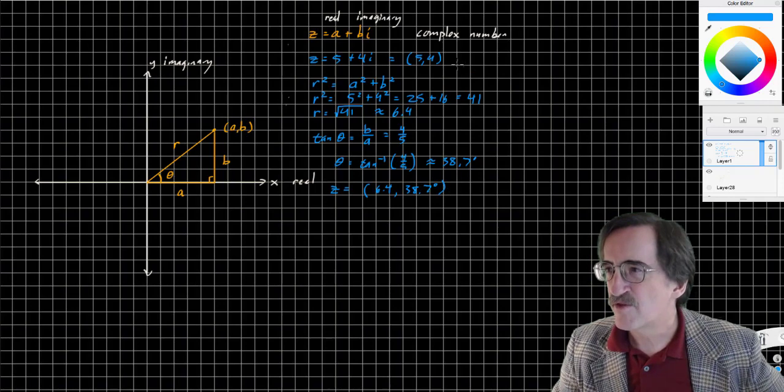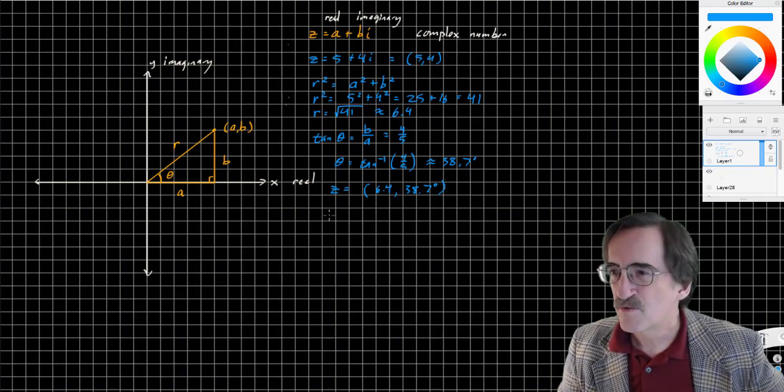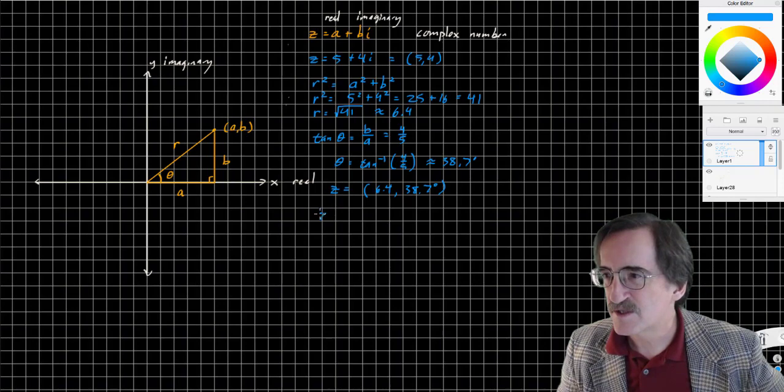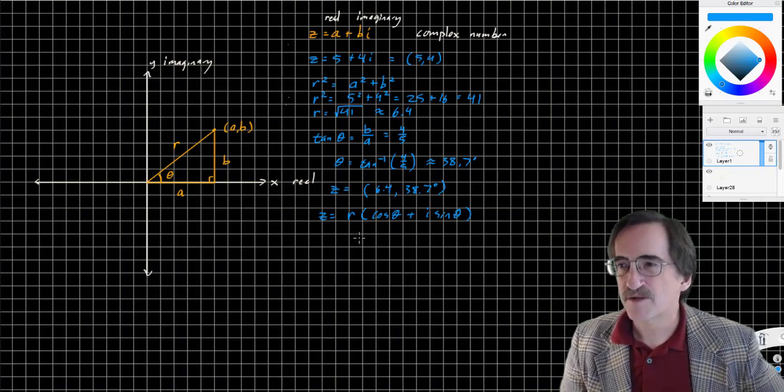The problem with that is there's no way to tell, unless you happen to know, whether that's rectangular or polar. So here's another common way: z equals r times cosine theta plus i sine theta.